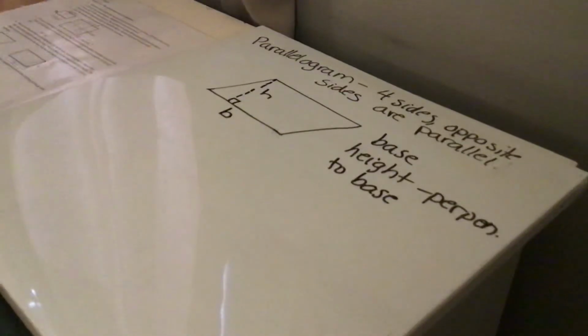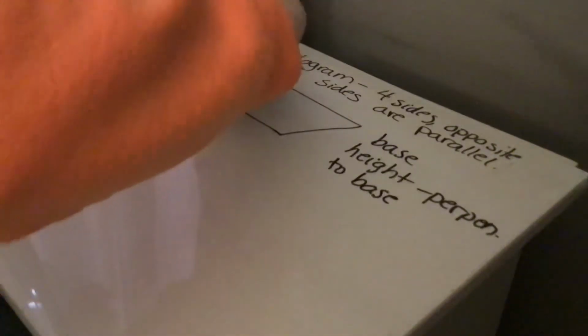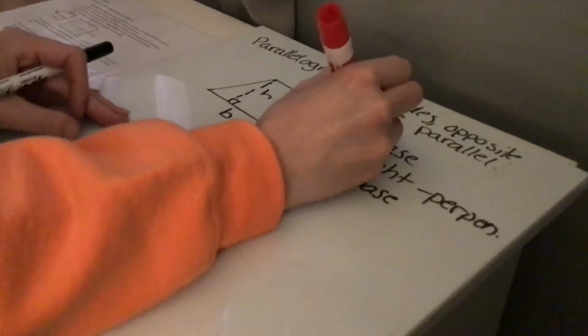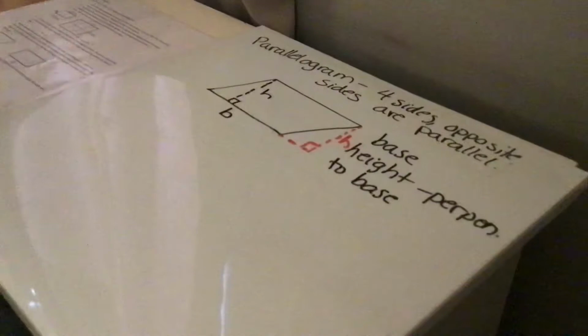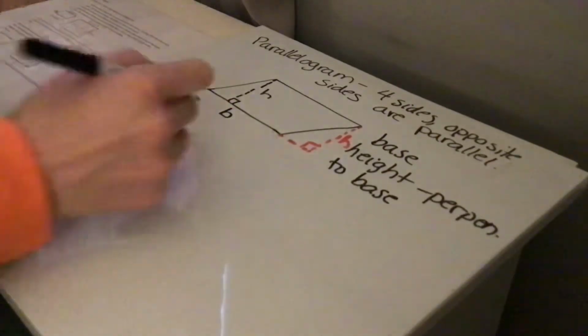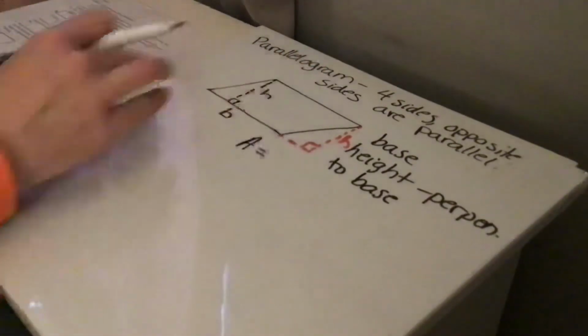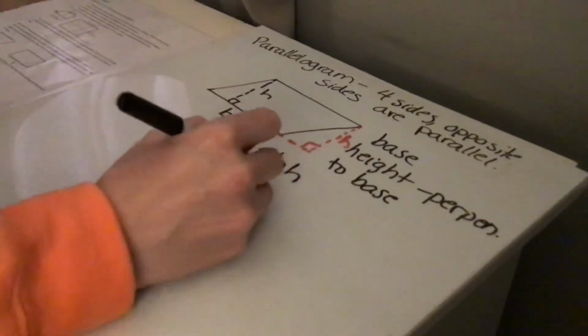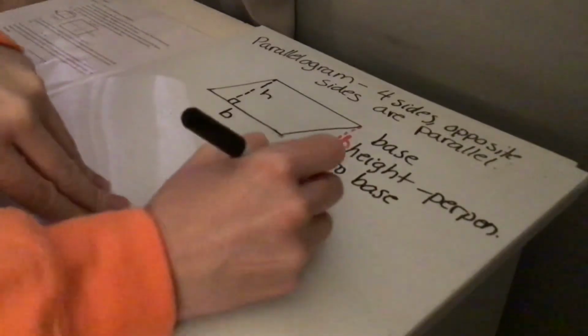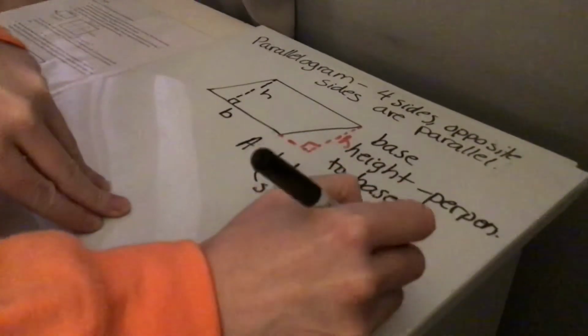Okay, so if I take that little shape, which happens to be a triangle, and I cut it off and turn it around, I can put it right here, and I end up getting something that looks like a rectangle. So this tells us that the area of a parallelogram is going to be the length of the base times the height. So the base is a side, and the height is perpendicular to the base.